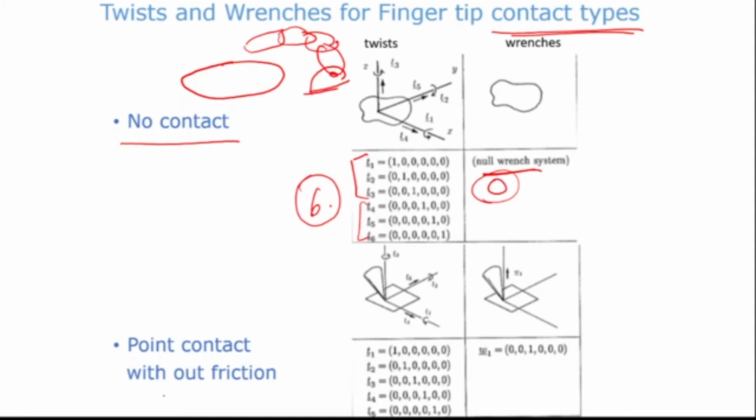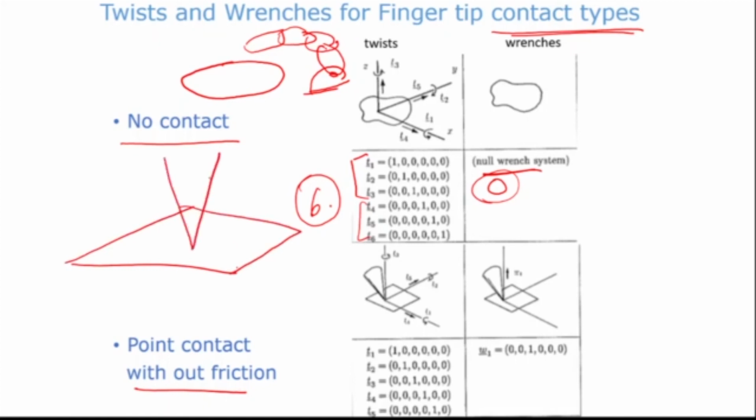The moment you make point contact, let's look at this example. This is point contact without friction. So this is an object, and this is a point contact here, and mu is equal to 0. Let us draw the axes: x-axis, y-axis, and that's my z-axis.